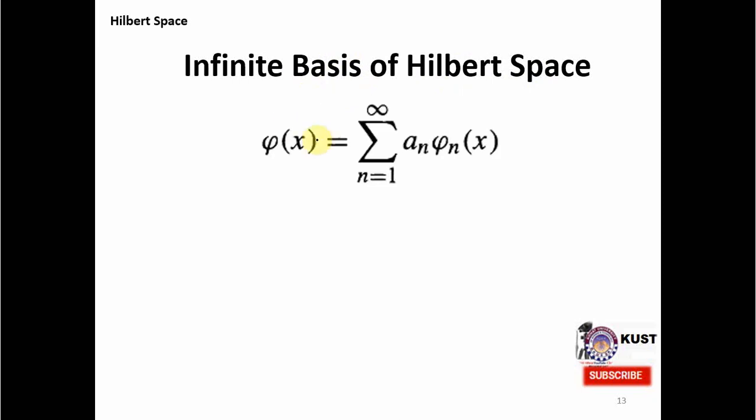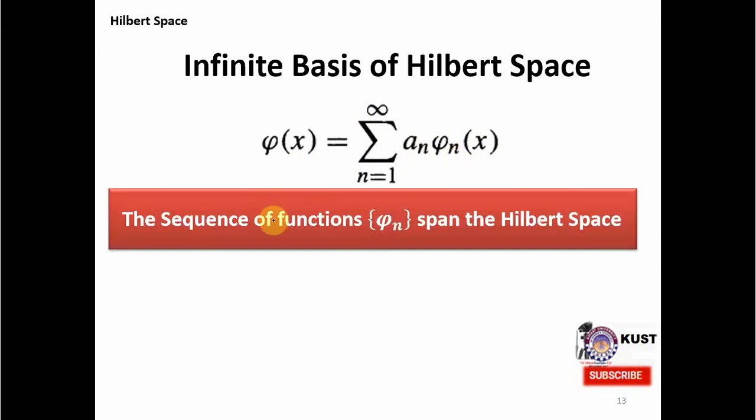So here you can see this phi x is some wave function which is expanded on the phi n, which are sort of unit vectors for the Hilbert space, and this a n is their coefficients or contribution or weight for any unit vector, and it goes from 1 to infinity. So this is the expansion of some kind of vector on unit vectors, and these are the coefficients. So these are called actually bases. So the sequence of functions span the Hilbert space.